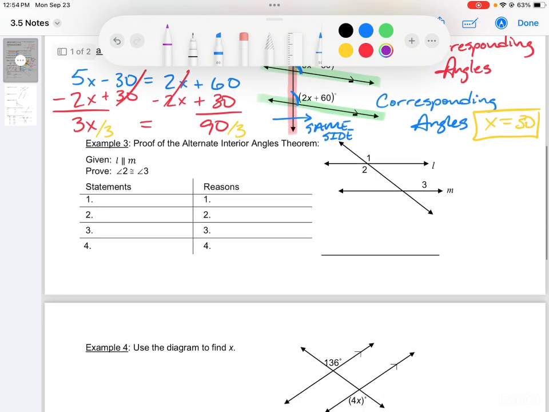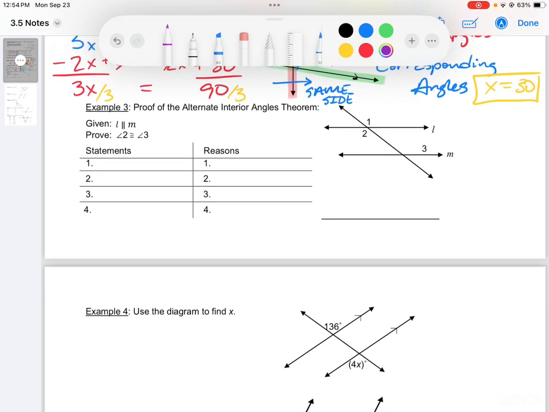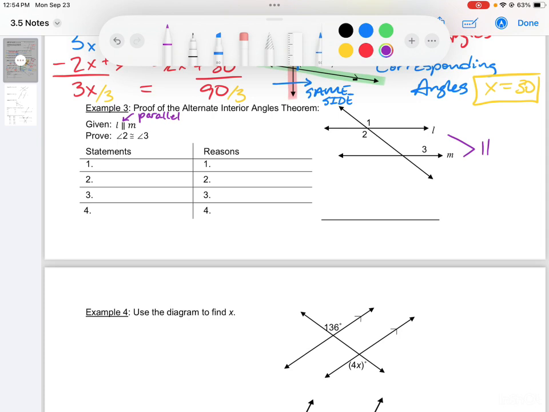All right, next we're going to be proving some things. Proof of the alternate interior angles theorem. So the very first thing we're given is that L is parallel to M. That's what that little symbol right there means. It means they are parallel. So these two lines are parallel, and they are cut by a transversal line.